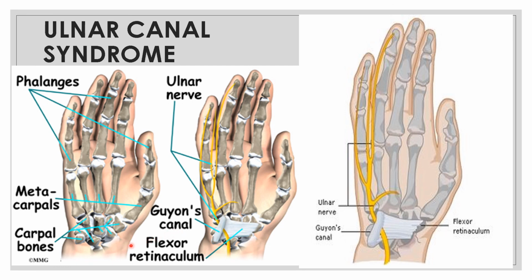The ulnar nerve is compressed in this canal, and this syndrome is known as ulnar canal syndrome or Guyon canal syndrome, in which there is numbness in the medial 1.5 fingers, because the ulnar nerve supplies the medial 1.5 fingers, and there is weakness of the intrinsic muscles of the hand.